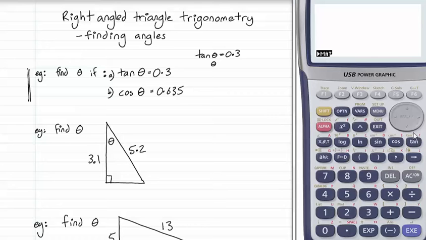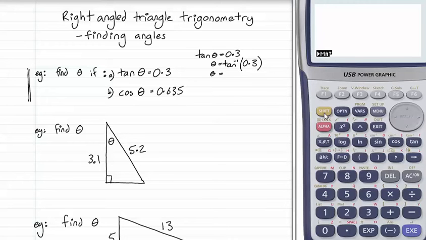All it does is say to the calculator, when we do inverse tan, hey, what angle has a tan ratio of 0.3? And we write it by saying tan with a little -1 sign, inverse tan, or opposite tan of 0.3, and we'll just do this in our calculator.